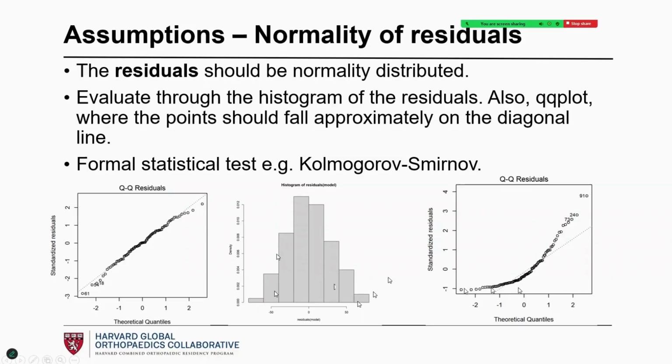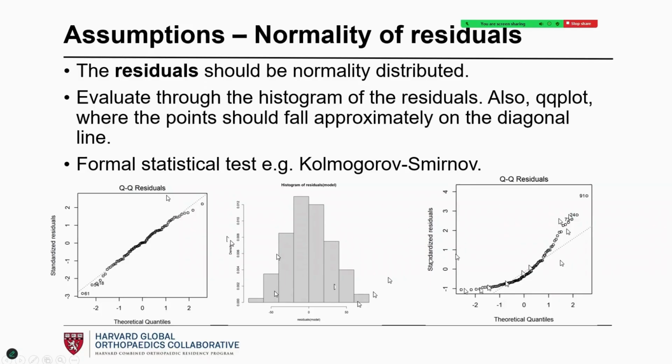However, in the plot on the right, we see that the points for the standardized residuals clearly do not follow a straight diagonal line. That's why here we have evidence showing that the normality of residuals assumption could not be holding.